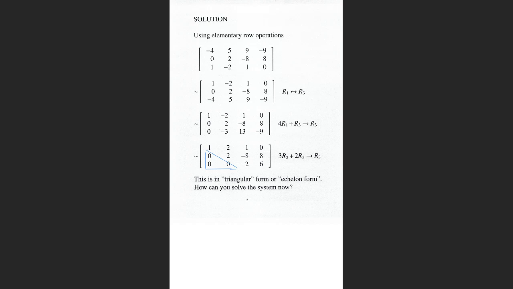Well, could you picture us getting another triangle of zeros here? What if we were to get another triangle of zeros there? Would that be great? How many would like that? You can solve for x1, yeah, you can solve for x1.